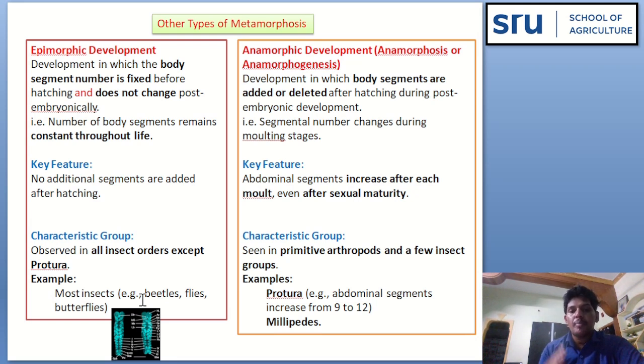That is, the number of body segments remains constant throughout their life. No additional segments are added after hatching. So this type of development is seen in all insect orders except Protura. Examples: most insects, that is beetles, flies, butterflies.